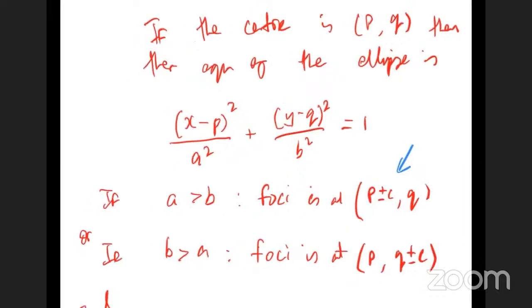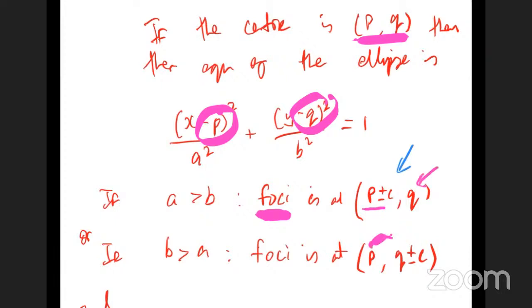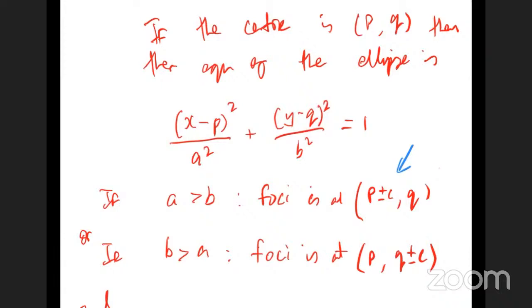So you'll recognize that if the center is P and Q, it will look like this. And then the foci will change slightly. The foci will be P plus or minus C, Q and P, Q plus or minus C. Okay, so make a note of that, please. This is a general form of an ellipse.